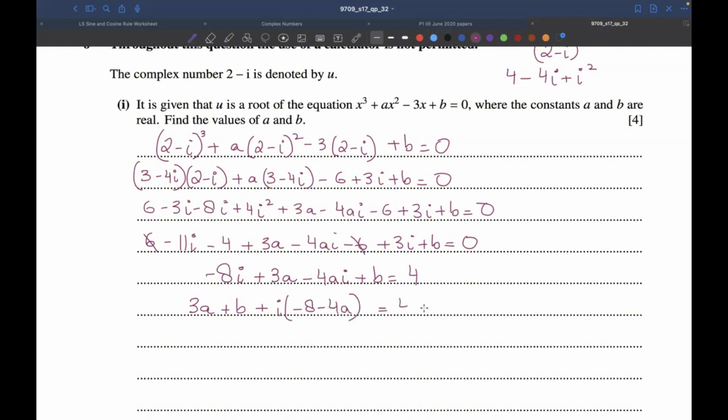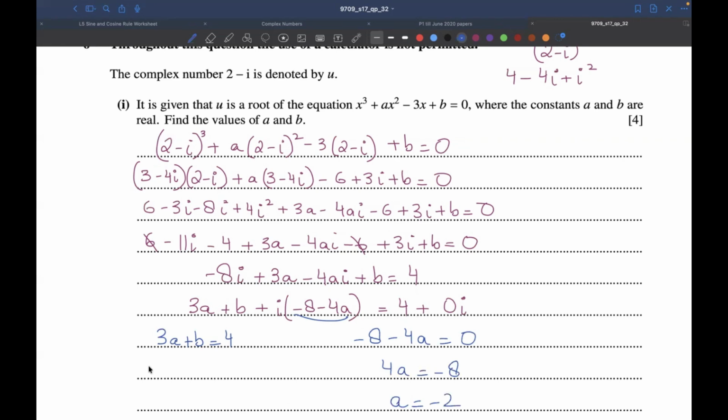Now on the right hand side we have a real term 4, and we don't have a complex term, so we can write it as 0i. Comparing, we get 3a plus b is equal to 4, and minus 8 minus 4a is equal to 0. So 4a is equal to minus 8, and a is equal to minus 2.